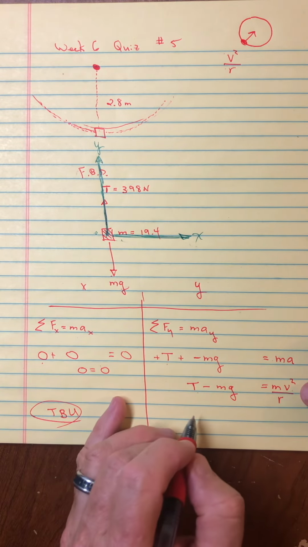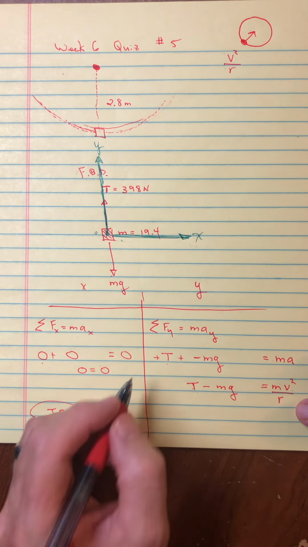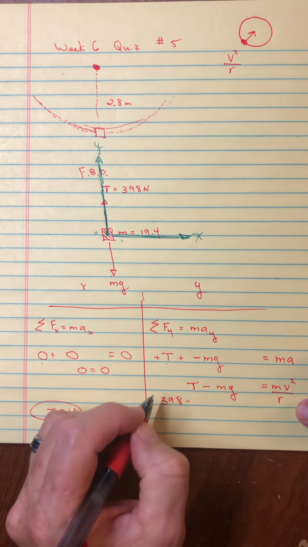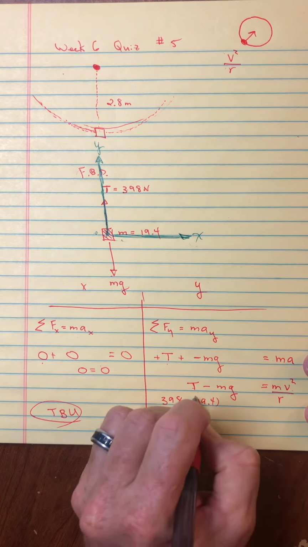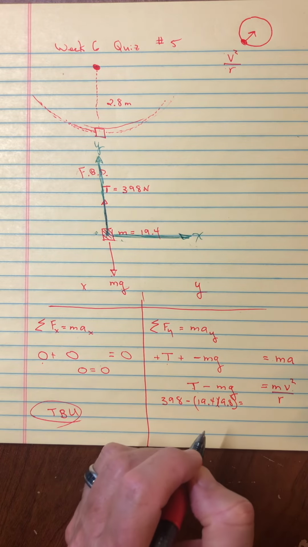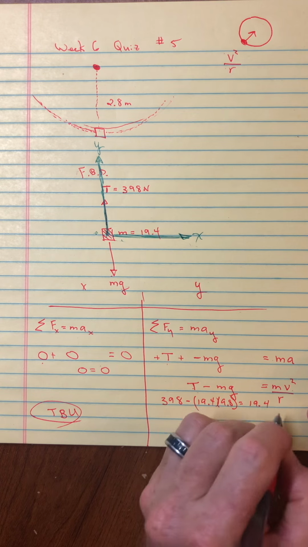All right, so now I'll put my numbers in here. And so the tension is 398. The mass is 19.4. G is 9.8. Again, the mass is 19.4.